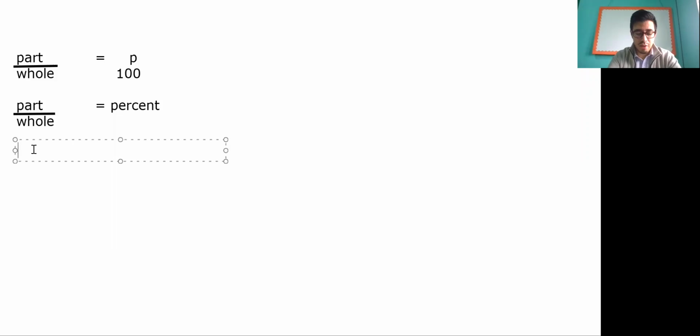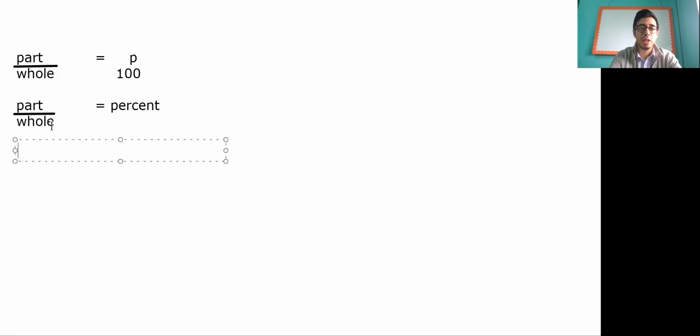So I want to obtain the equation like you have it in the book. You can see that the part is going to be the variable I isolate. So the whole that is dividing my variable in here, I need to pass it to the other side to multiply. Remember, it's like when you are isolating one variable.